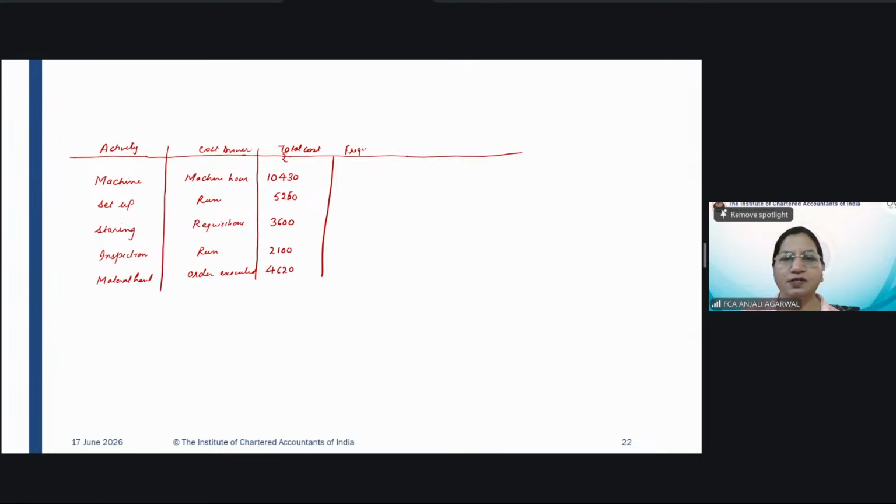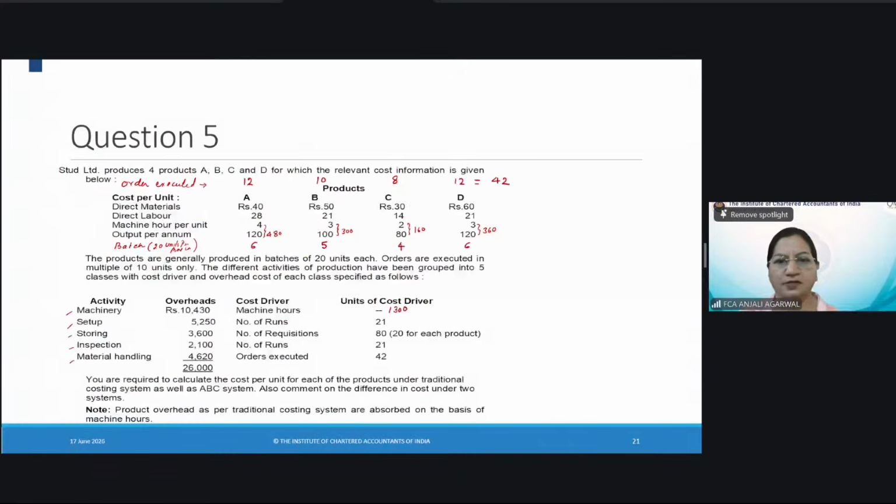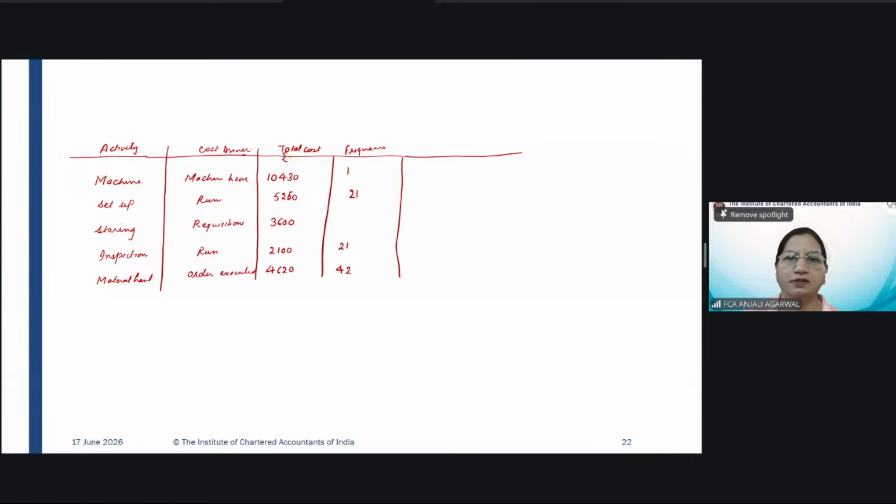Frequency: machine hours, runs were 21, orders executed were double the run, requisitions have been mentioned 20 for each, in totality 80. And then you will write the products here only, let's say A, B, C, D.